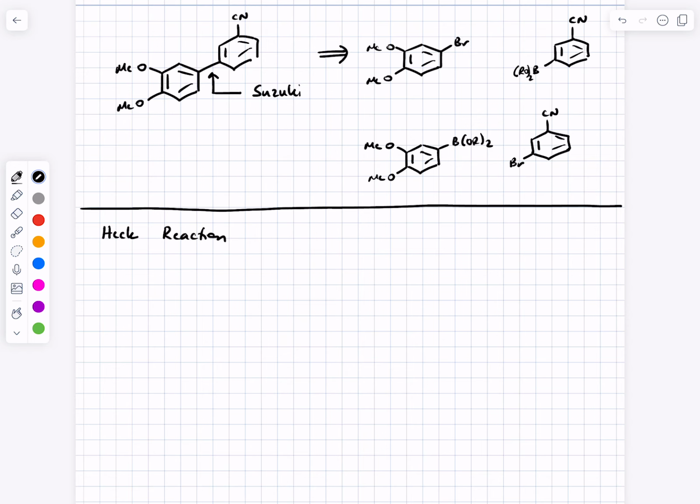It's going to at least involve the oxidative addition and reductive elimination steps, though it's going to involve some other mechanistic steps that are interesting and found in a lot of other organometallic type reactions.